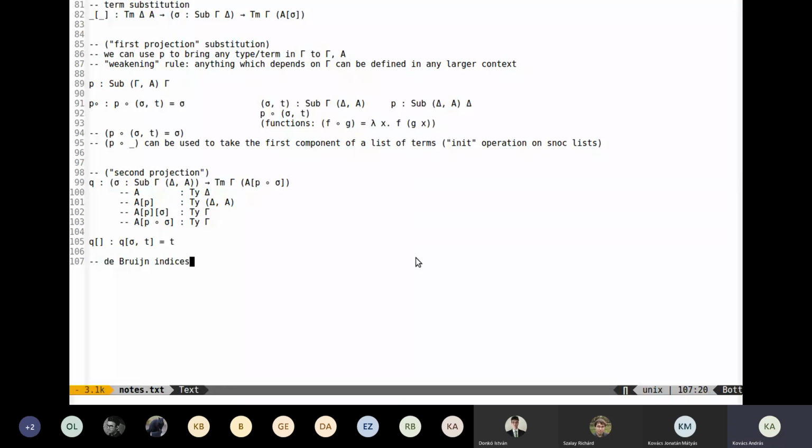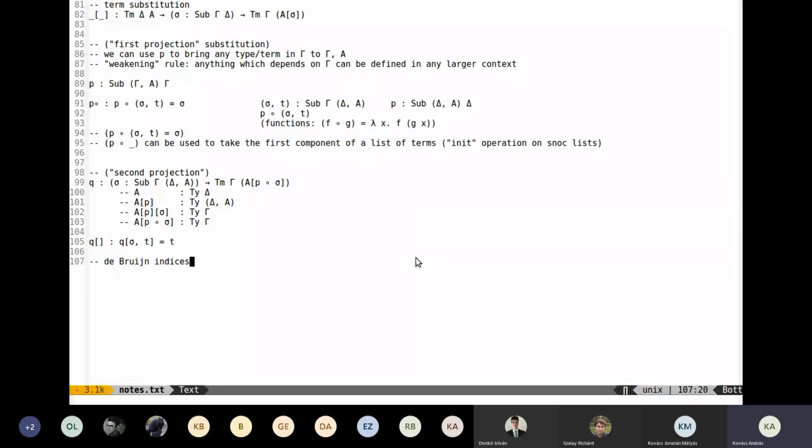At this point, not really. If we want to talk about the syntax, then yes. If we talk about the syntax, then we can use every operation as a derivation rule, so we can view every operation as a derivation rule if we want to talk about the syntax of type theory.